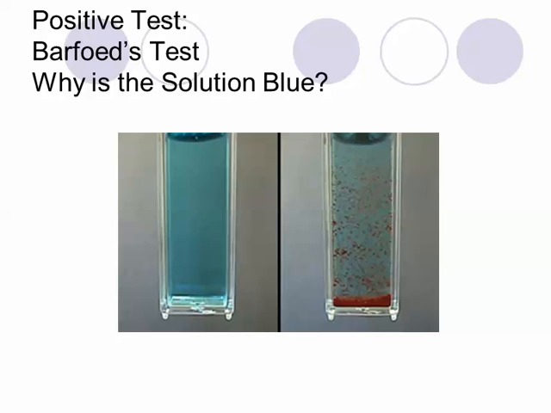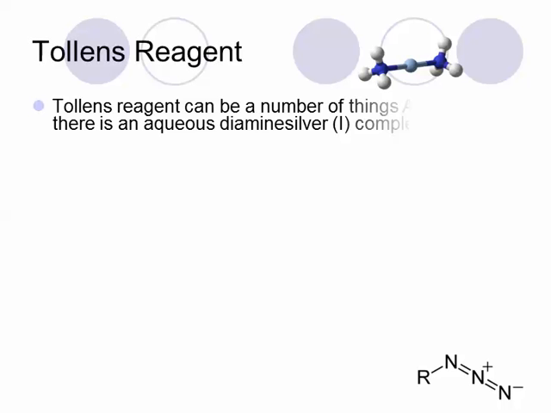So this is the positive ID for Barfoed's. If you have a positive ID, it is a monosaccharide. If, maybe 10 or 15 minutes down the road in a hot water bath, you don't see this precipitate form, then you can assume that it is in fact a disaccharide or maybe a polymer that we've given you instead of a monosaccharide.